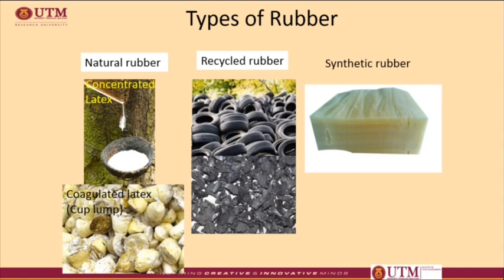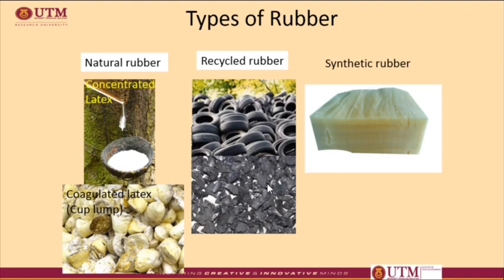And then we have recycled rubber. This type of rubber is taken or processed from recycled tires to reduce mountains of tires in landfill that can cause harm to the environment. The tires are ground up and turned into crumb, and this crumb is basically a mix of natural and synthetic rubber that has undergone the process of vulcanization to strengthen the structure.